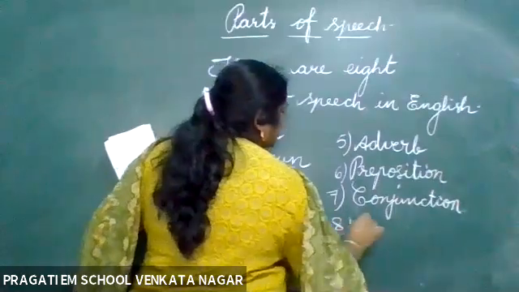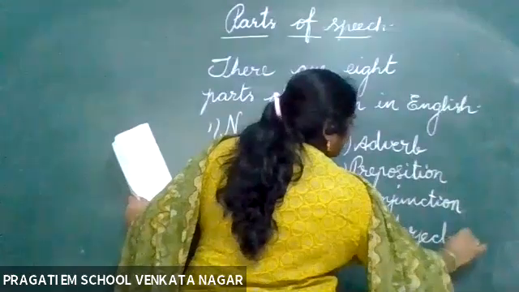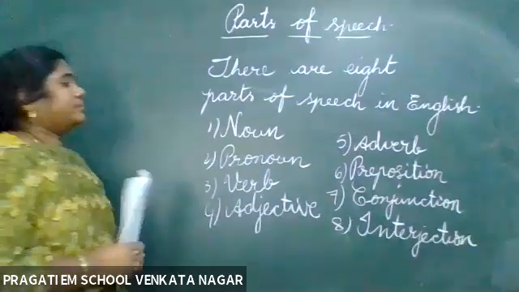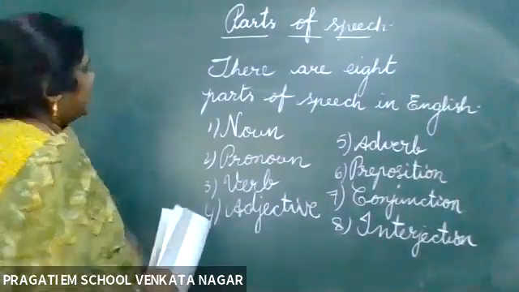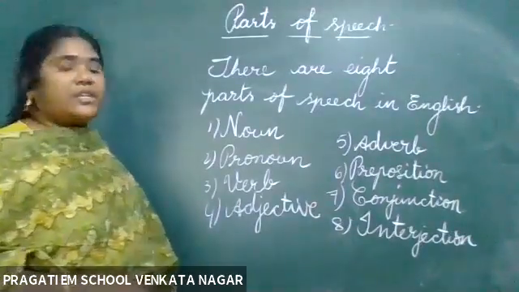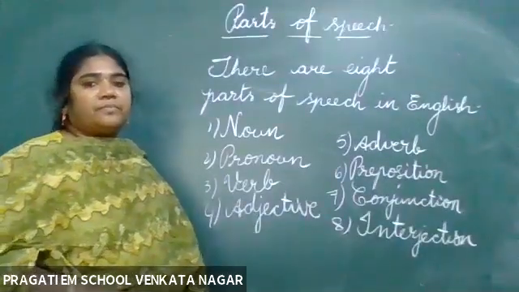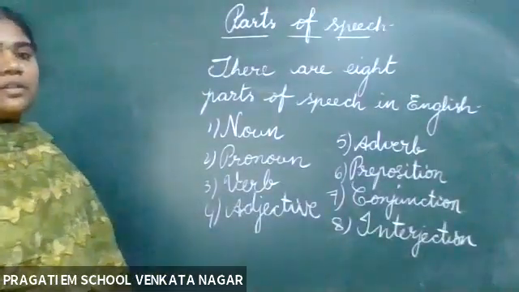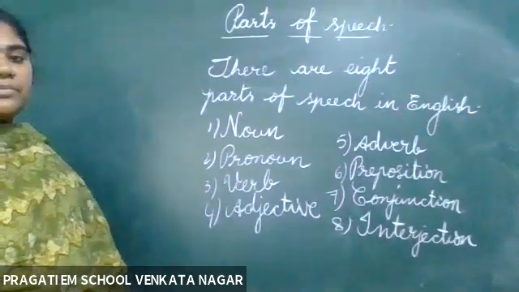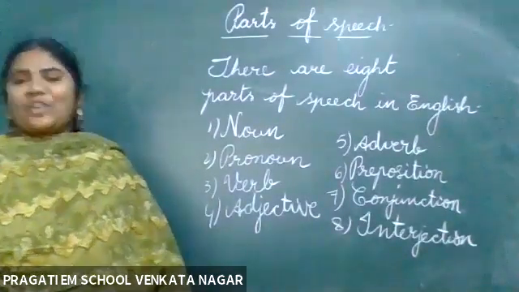Eighth one is interjection. Note down everyone. Note in your book. Noun, pronoun, verb, adjective, adverb, preposition, conjunction, interjection. Note down everyone.